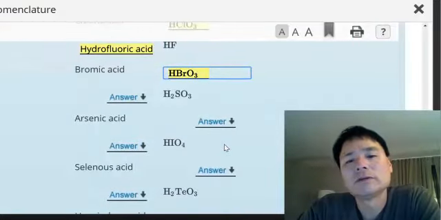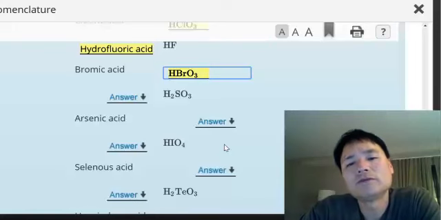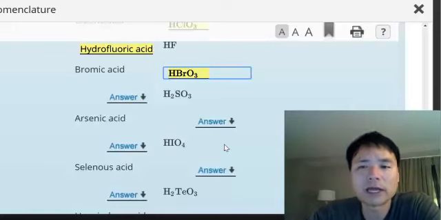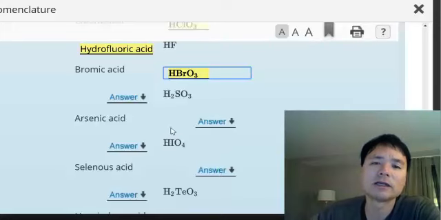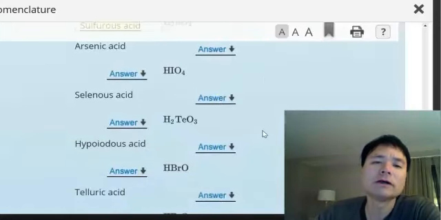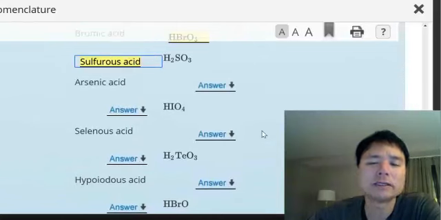Okay, H2SO3. Well, sulfate is SO4 2 minus, therefore SO3 with a 2 minus charge must be sulfite. Now, -ites get the -ous acid ending, so this would be sulfurous acid. Unlike sulfuric acid, sulfurous acid is what we got here. Arsenic acid has got to be arsenate.